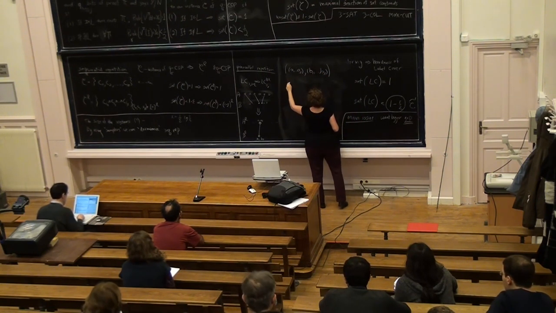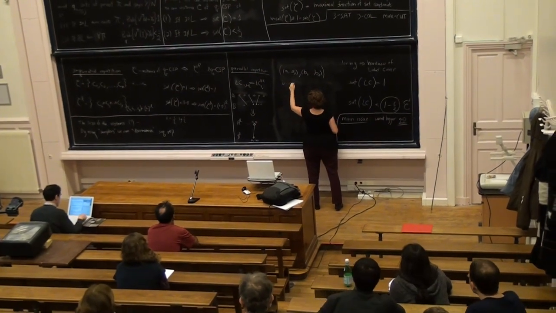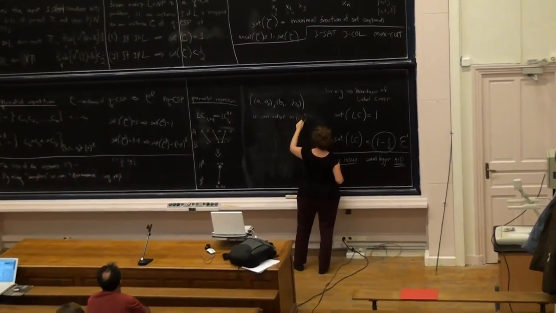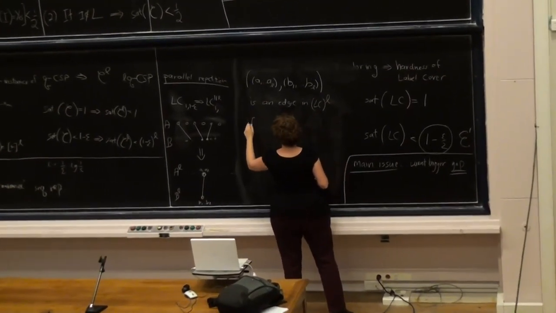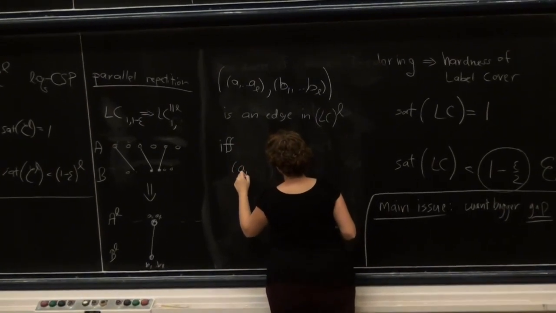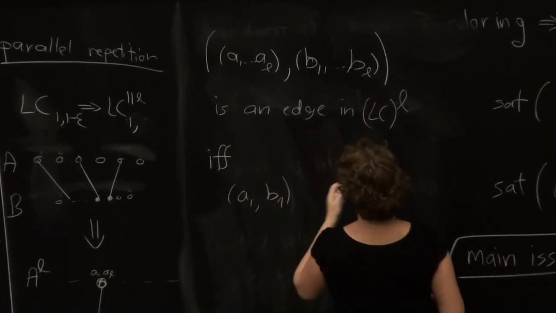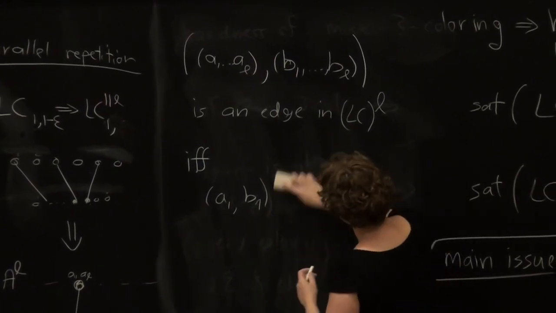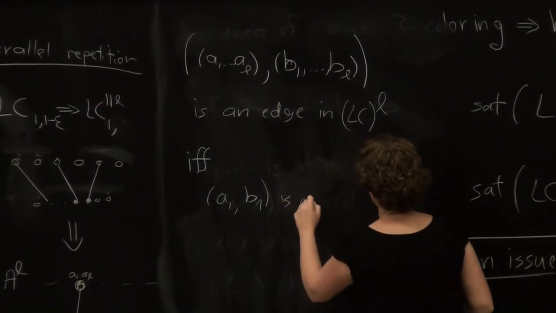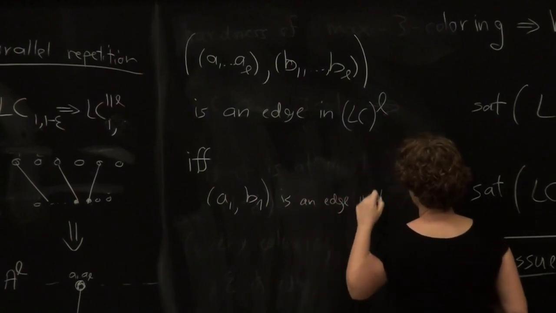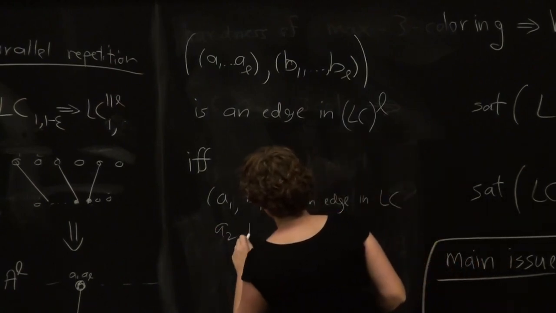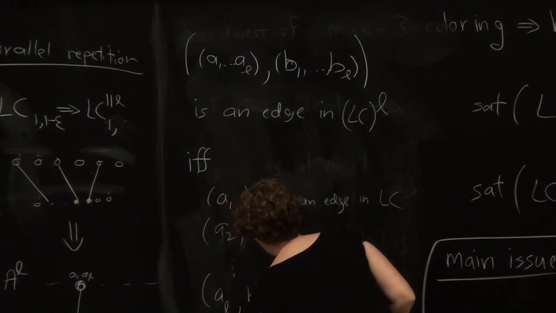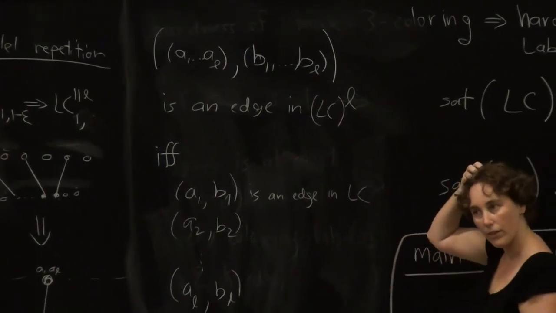These are ordered. There's an edge in the label cover to the L if and only if A1, B1 is an edge in the label cover, and A2, B2, up to AL, BL are edges. Okay, so that's how I put edges.